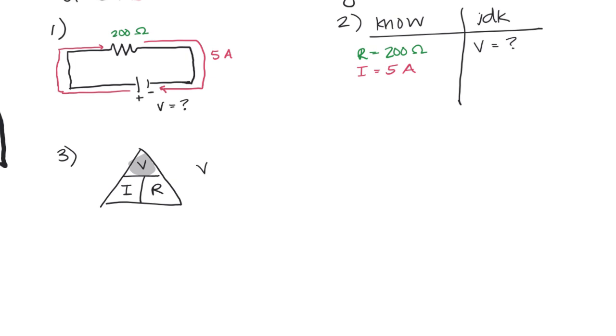We're going to write this here to indicate we are solving for V. We don't know what V is yet. Cover that V up with your hand or your finger on the screen. And you will see now we are going to be multiplying I times R. So we're using our equation V equals IR to solve for the voltage of this circuit. All right, now we are ready to plug this in.